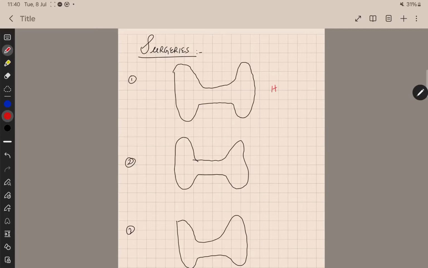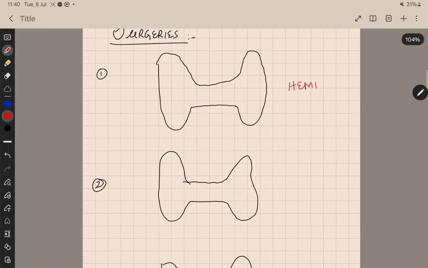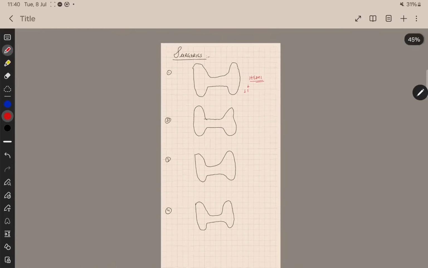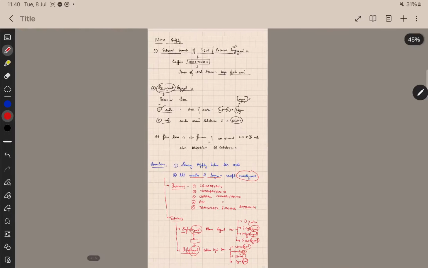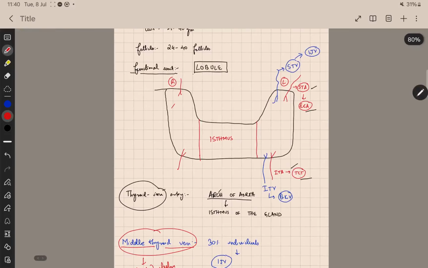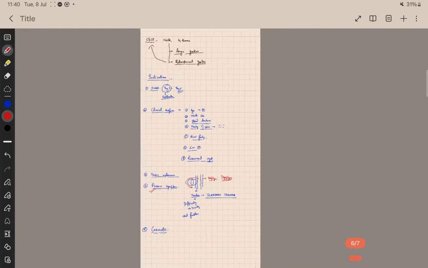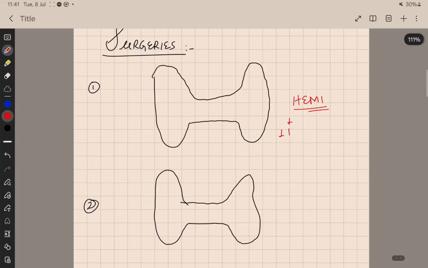So first is hemithyroidectomy. Hemi means removing one gland, one lobe. As in the first slide I've told you, this is the right lobe, left lobe and isthmus. So in hemithyroidectomy, we remove one lobe plus isthmus, right?